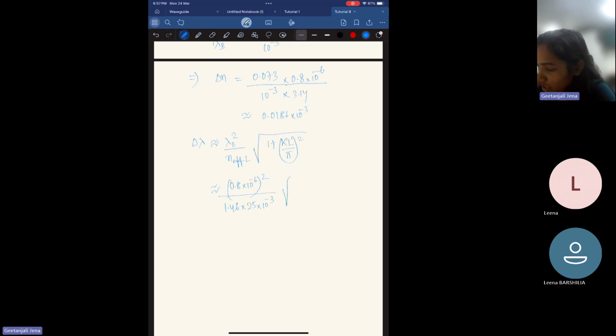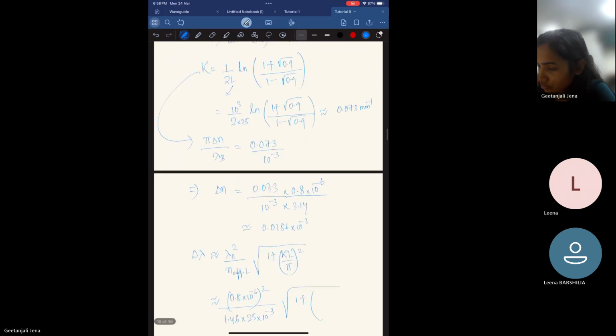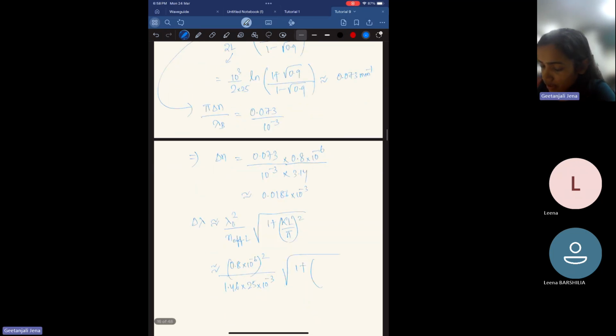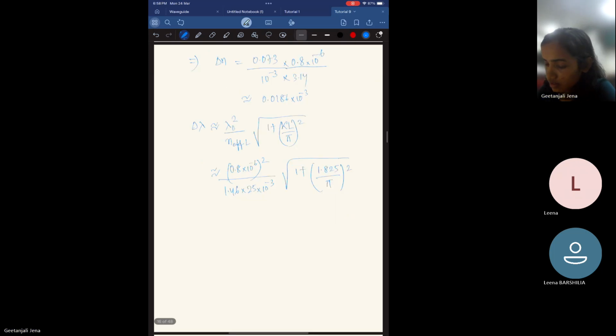Square root of 1 plus kappa L. So kappa L will come around, if you multiply kappa with L, this will be 1.825. So solve it, and you will get 0.02 nanometer.